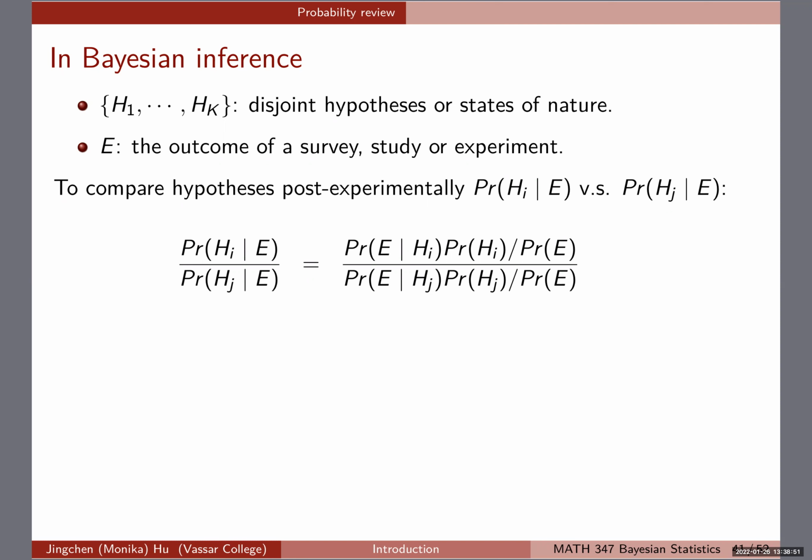Mathematically, we have the posterior probability of HI given E. E is the data part, so that's why it's posterior.